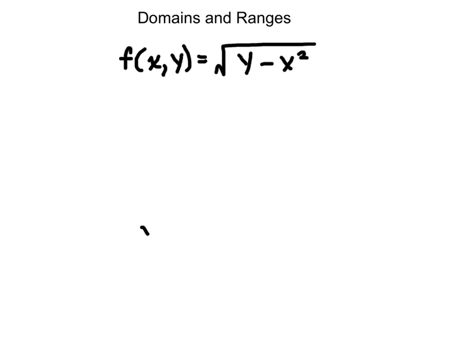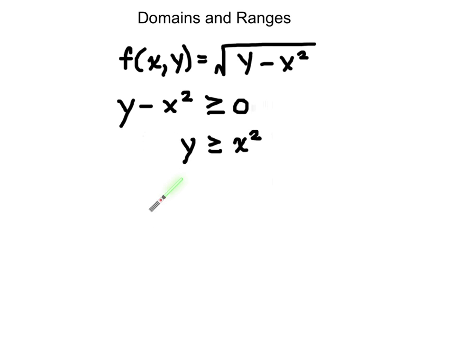In this case, the radicand, y minus x squared, must be greater than or equal to 0. This is because we can't take the square root of a negative number unless it's imaginary. So if we add x squared to both sides, we get y is greater than or equal to x squared. Here, our restriction on y is that y must always be greater than or equal to the square of x.